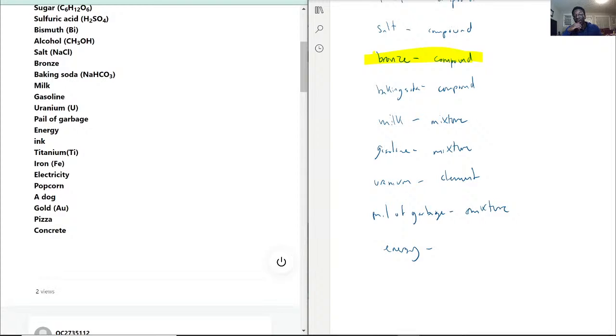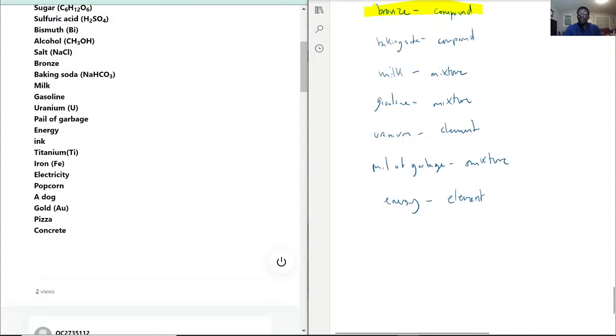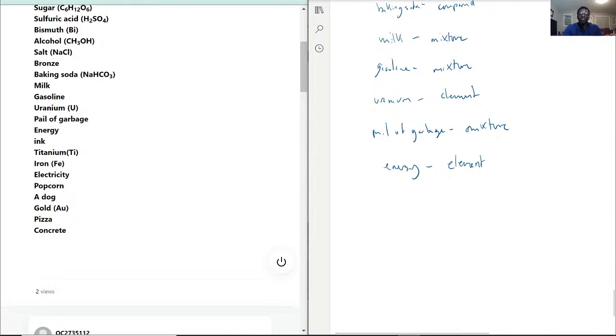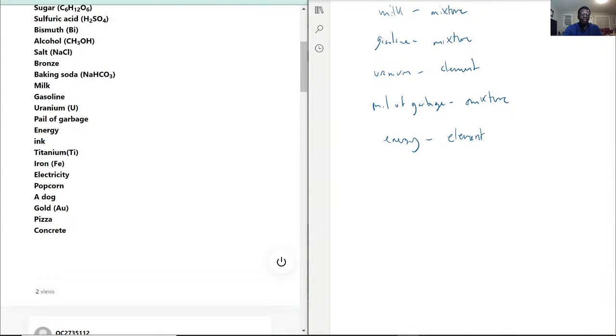So if we're dealing with particles, I'm gonna say they're elements. That's the closest thing we can get to. But technically the best thing would just be saying none.